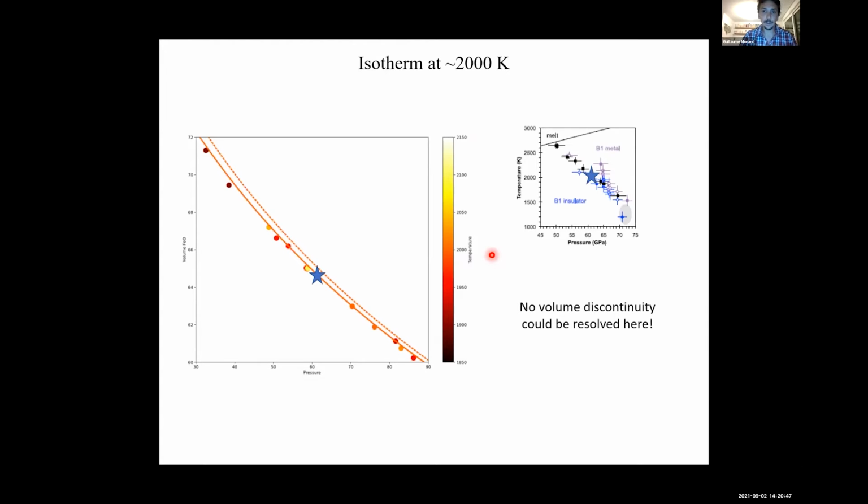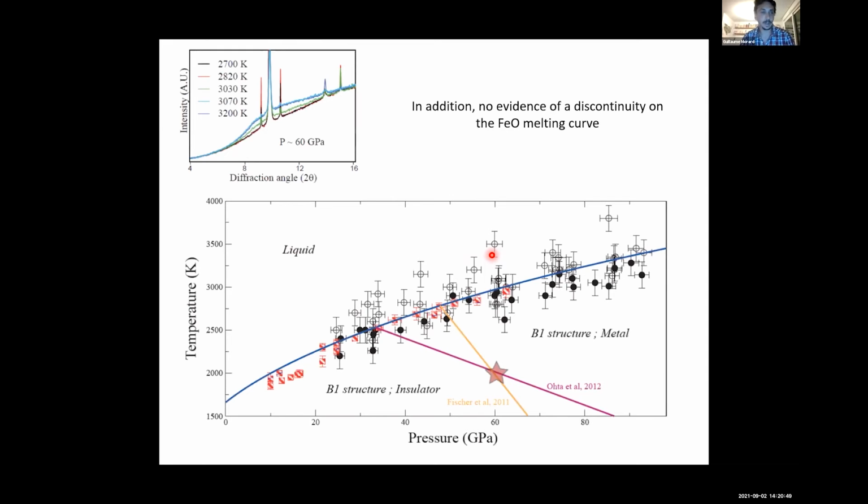In addition, at the beginning we wanted to study melting, and going to the melt we were also able to study the solid and track the melting curve. We extended a bit the pressure range for the melting curve of FeO, in good agreement with previous work.